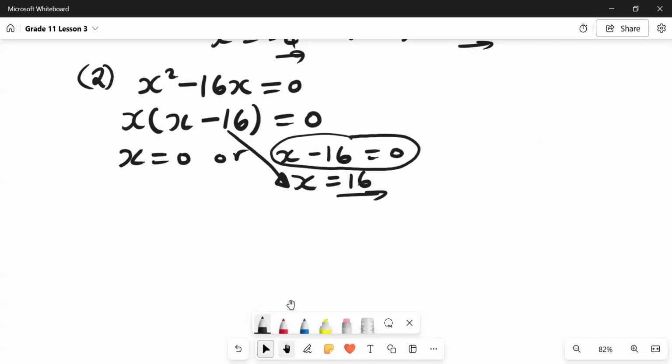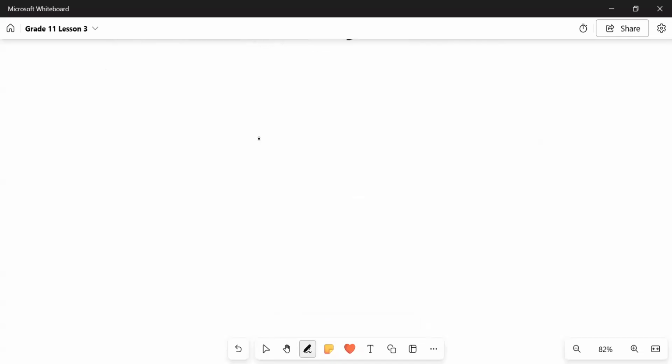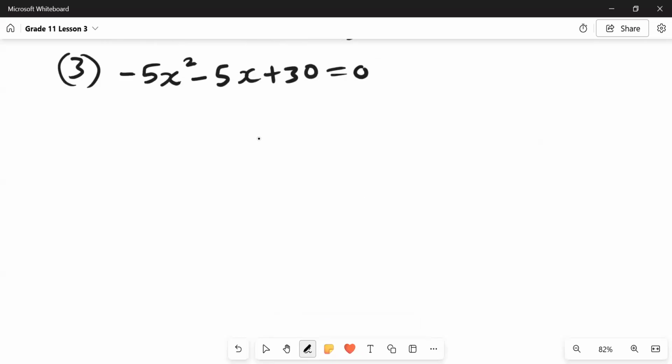Now let's move to example 3. We're still solving for x, but now we are given negative 5x squared minus 5x plus 30 equals to 0.